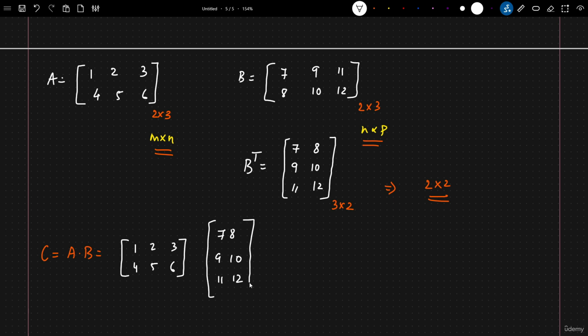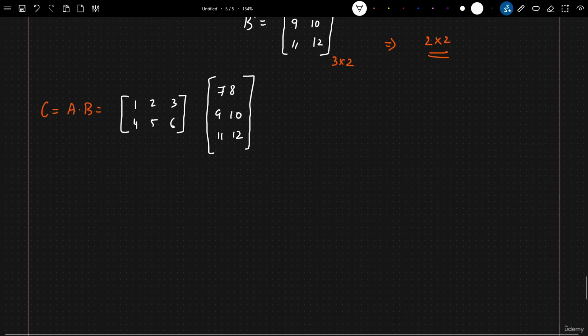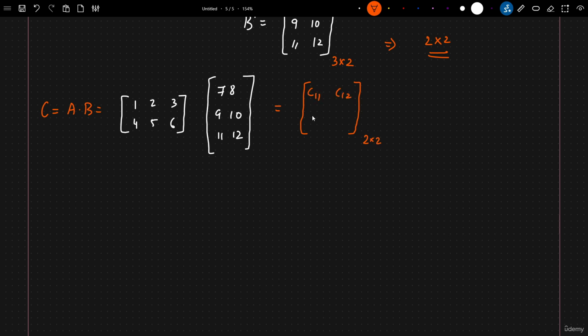Now, how do I perform this particular matrix multiplication? In the first instance, we are going to get 4 outputs, 2 cross 2. Let me define it: C11, C12, C21, because it is in the second row, and C22.